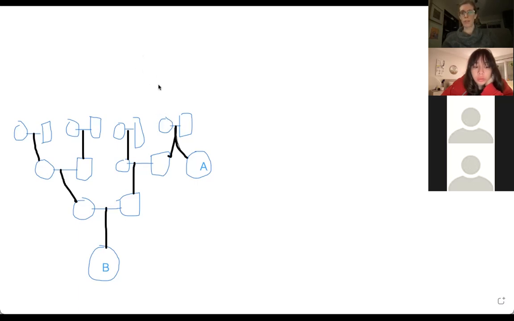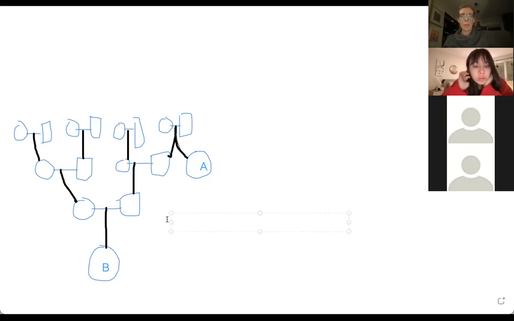Of course, they share more ancestors above these two, but these are their two direct shared ancestors. From what I'm gathering, it would be 0.5 plus 0.5 plus 0.5 plus 0.5, all to the power of 2, because there's 4 black lines to get to A. Or am I mixing them up?